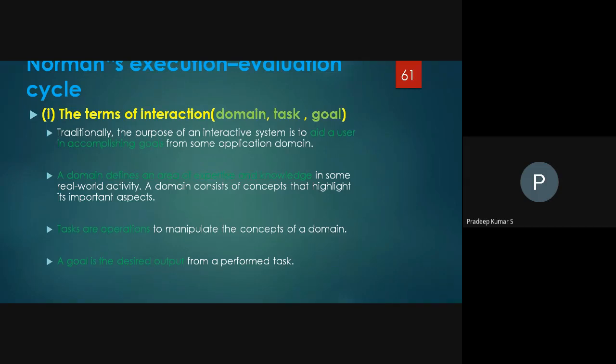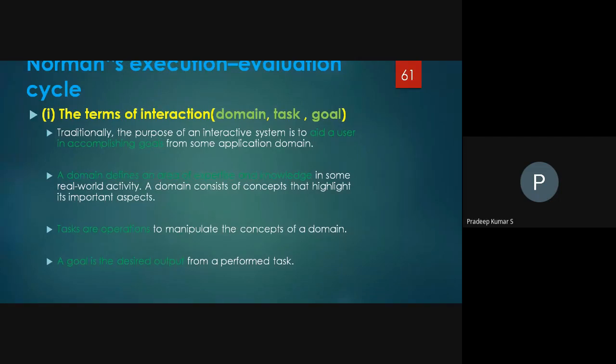That is the goal. So that is domain, task, and goal. The domain defines the area of expertise and knowledge in some real world activity. The task is the operation to manipulate the concepts of the domain. So what is our goal?